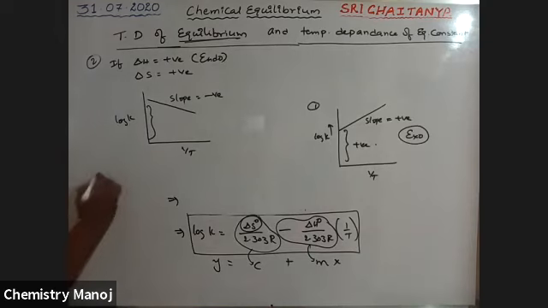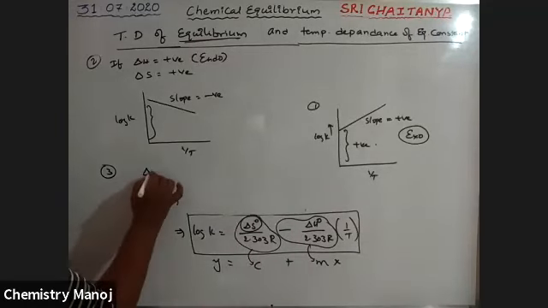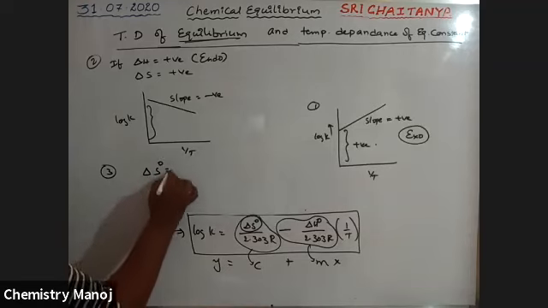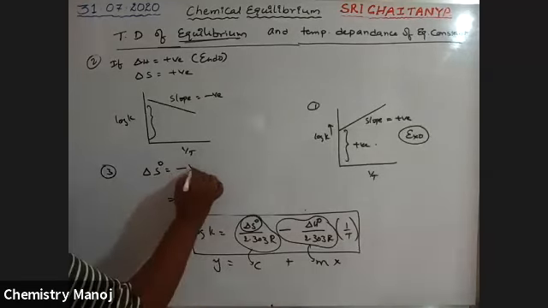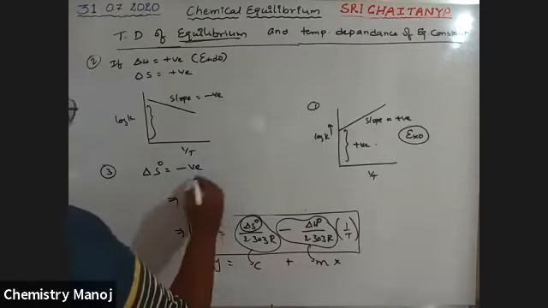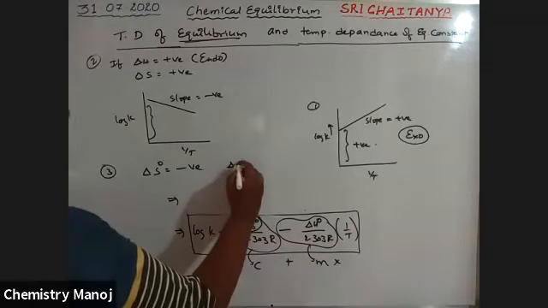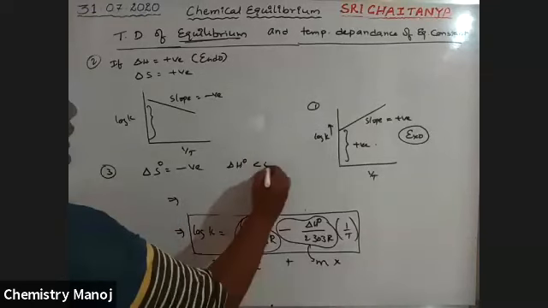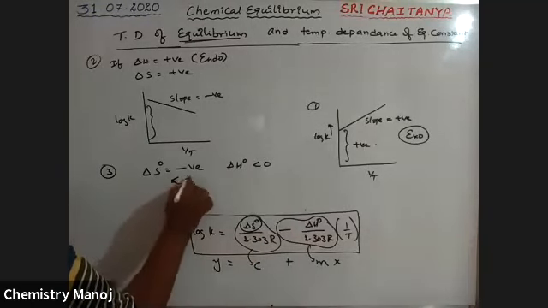Okay. Next, the third case: if delta S naught is negative and delta H naught is less than 0. Negative means less than 0.